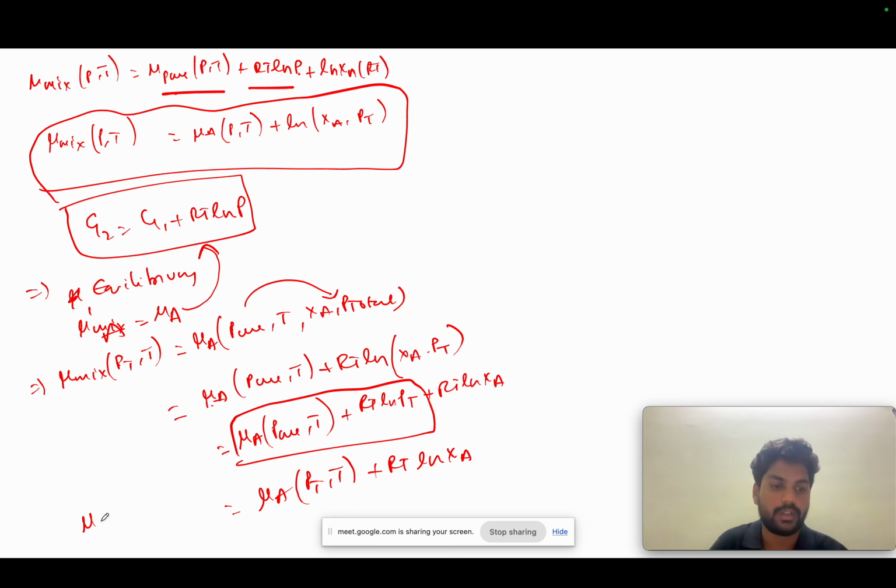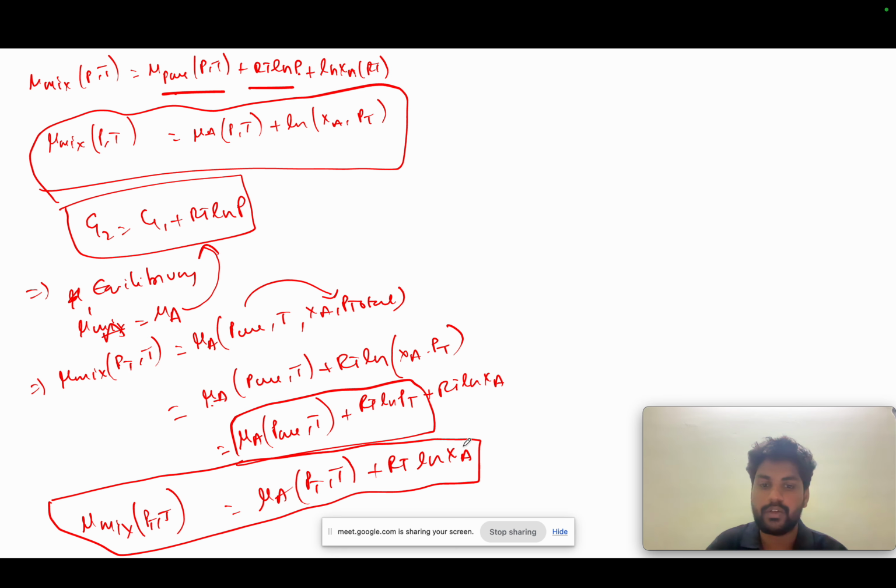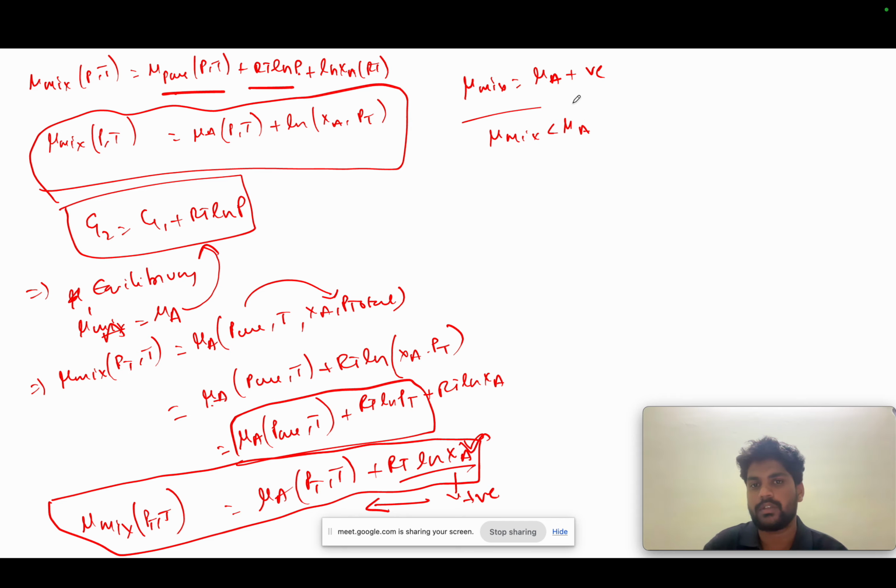This is nothing but mu mixture of P total comma temperature. Now if you see this equation, XA value is always greater than 0, so this value is positive. So mu mix equals mu A plus some positive value, so it means mu mix is always less than mu A. That is why the particles in A want to go to the mixture.